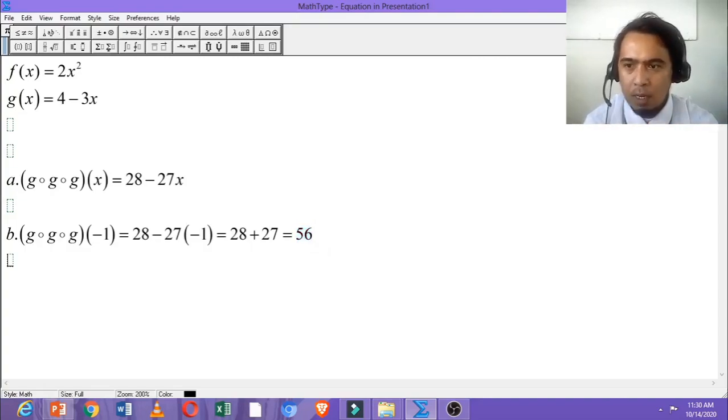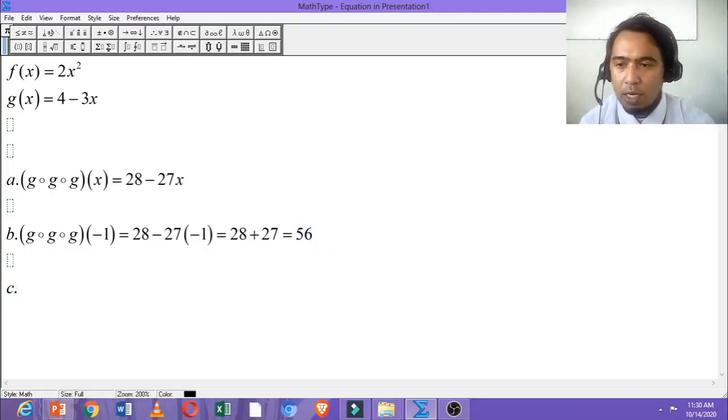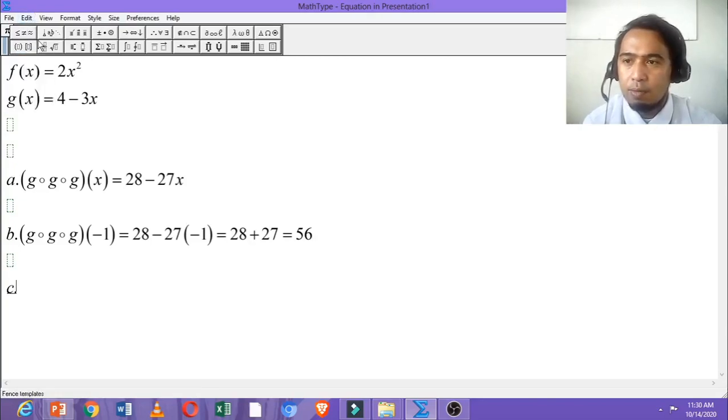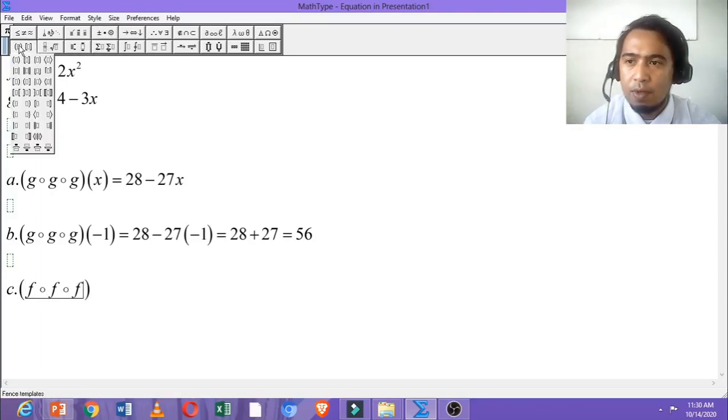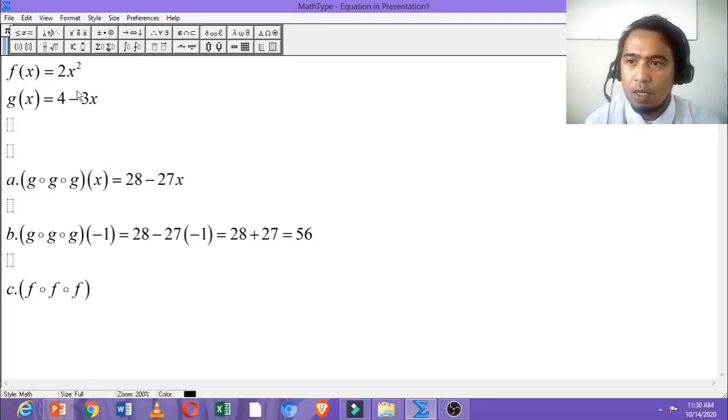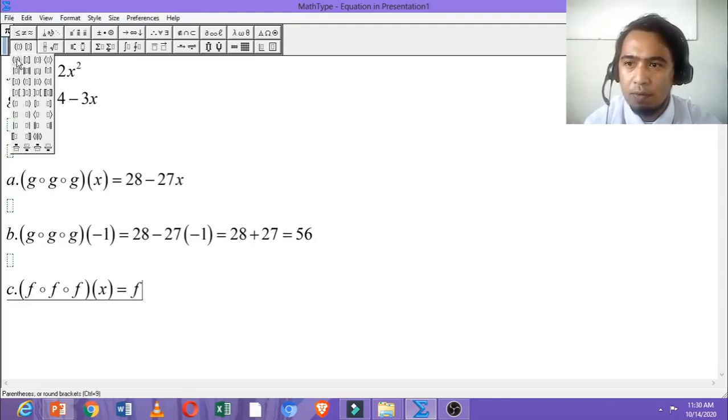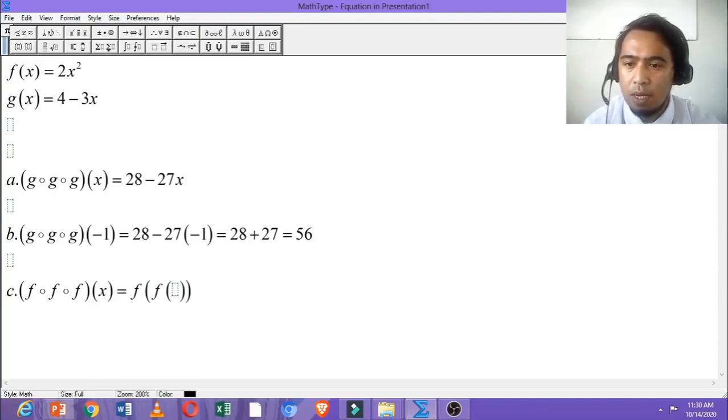For letter C, the given is f composition of f composition of f of x. And again, from the definition, it can be written as f of f of f of x.